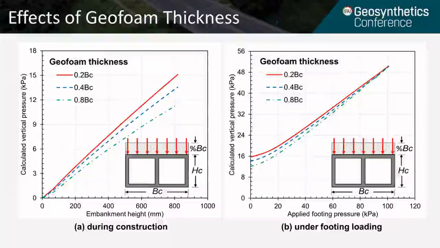So at low applied pressure, we can see some contribution from the thickness of the geofoam, but as we increase the footing pressure, this effect comes together similar to that of 0.2 BC. From this, we can conclude that increasing the thickness of the geofoam, using 0.8 BC, can reduce the pressure on the culverts.